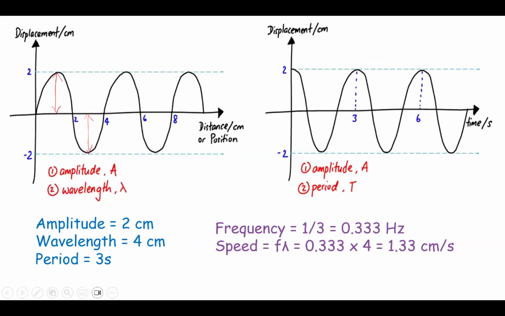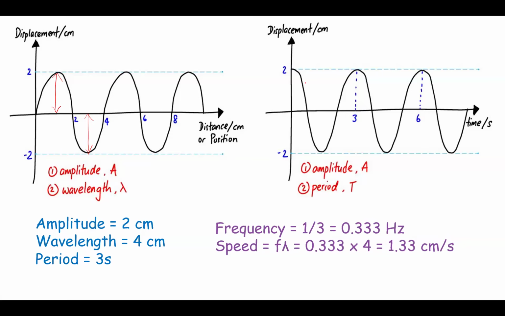Take note that amplitude is a scalar. There is no negative, although the maximum displacement is -2. Displacement is a vector quantity, but amplitude is not a vector quantity. Amplitude has no direction. The amplitude is just the maximum distance from the rest position, and the rest position is the x-axis. So it's 2, and then look at the unit, cm.